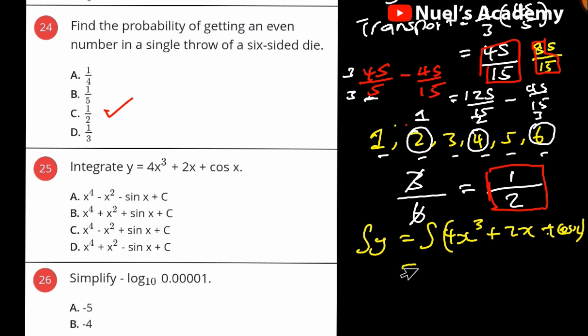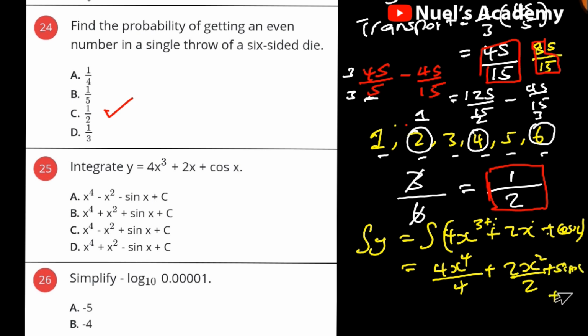So this is going to be equal to 4x. Now we add 1 to this exponent, so it's going to be 4. Then we divide by that exponent 4, then plus 2x. Originally we have 1 here, so 1 plus 1 is 2. We then divide by the exponent, which is 2. Then if you integrate cos x, we're going to get sin x.